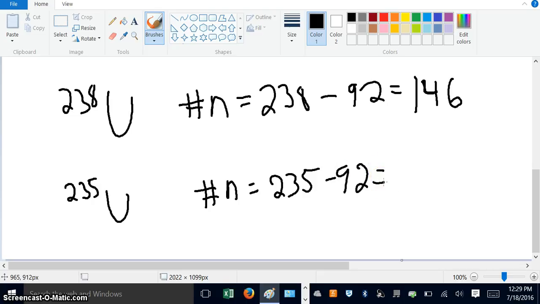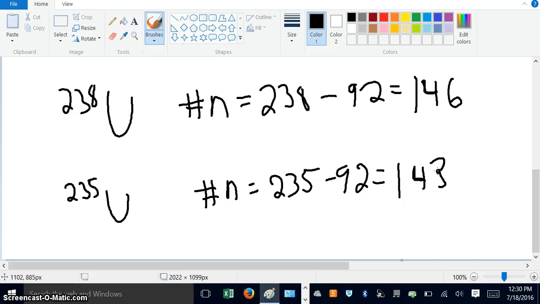Okay, so that's fairly easy to calculate. So that's going to be 143. That's supposed to be a 4. That's supposed to be a 3. Sorry. All right, so 143 neutrons in uranium-235.